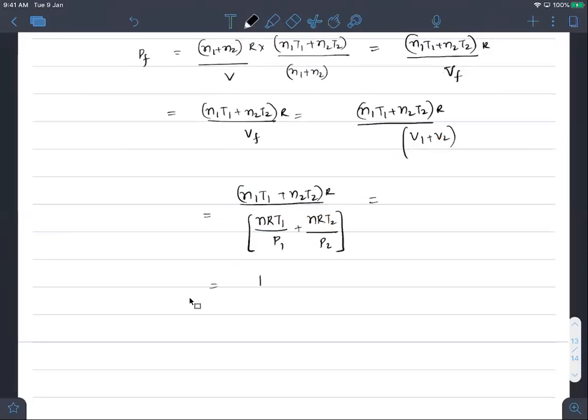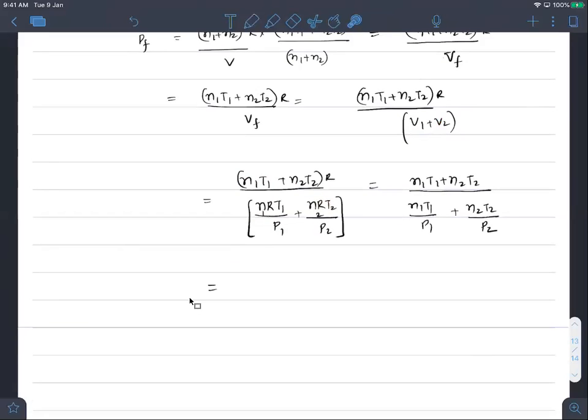If you write in terms of number of moles, this is N1 and N2, got it? So the final expression would be N1 T1 plus N2 T2 divided by N1 T1 by P1 plus N2 T2 by P2. This is writing in terms of number of moles.